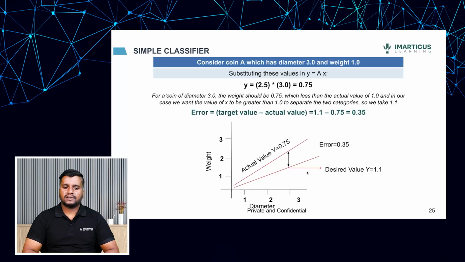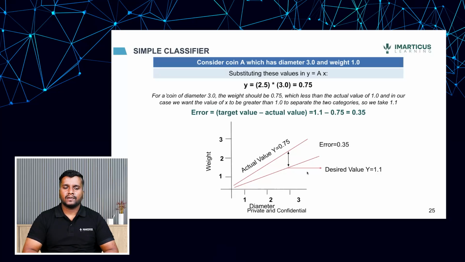Now let's try to build a simple classifier that will help us separate these two coins. So consider a coin which has diameter 3 and weight 1.0. We will substitute into y equals ax, with a equal to 0.25, so y is equal to 0.25 into 3, which comes to be 0.75.